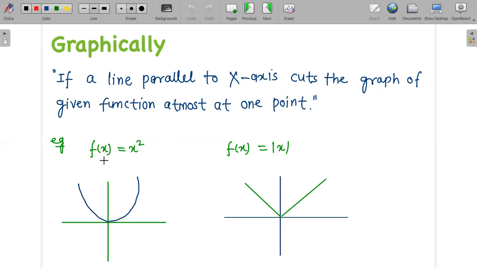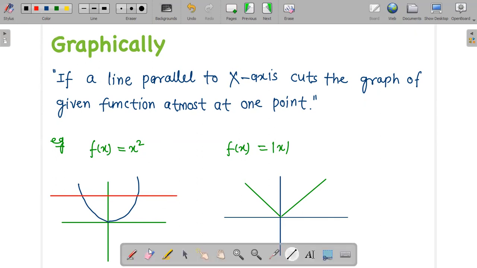Let's have a look at this function. f(x) equals x square, and in its domain, if I try to draw any line which is parallel to the x-axis, I'm getting two points where the graph will intersect this parallel line. Actually, the line is y equals y naught.